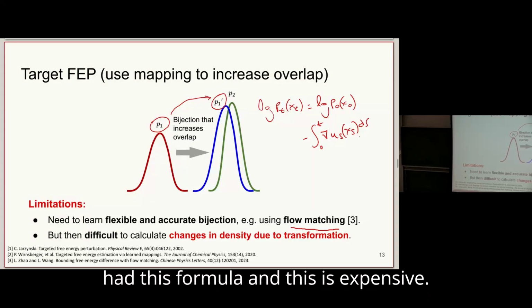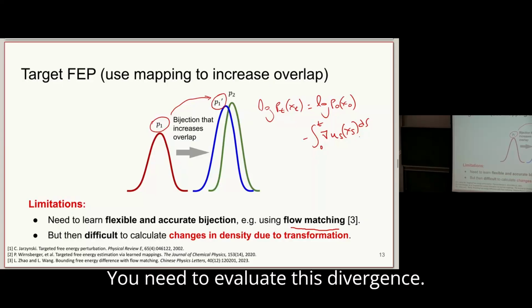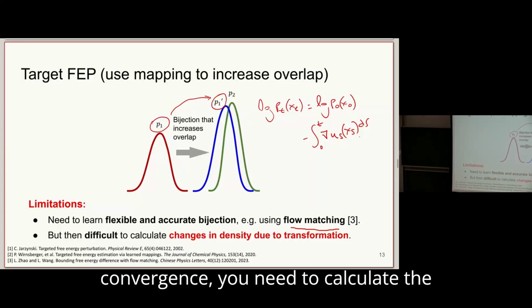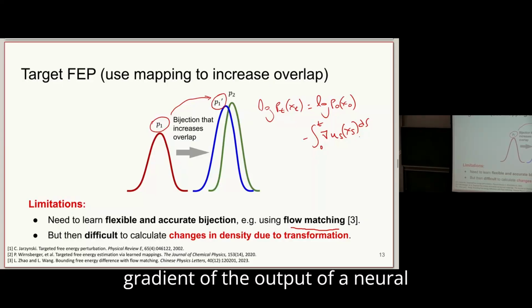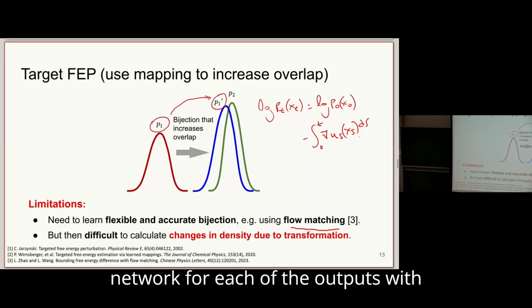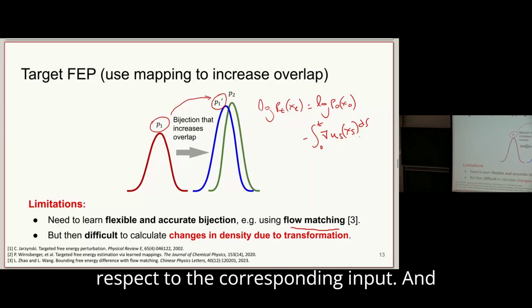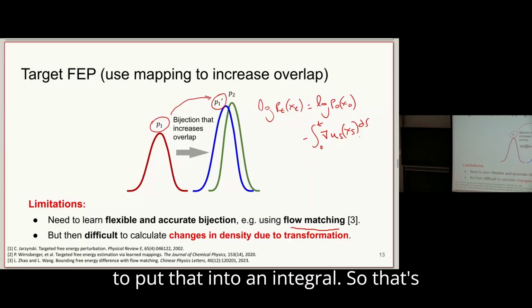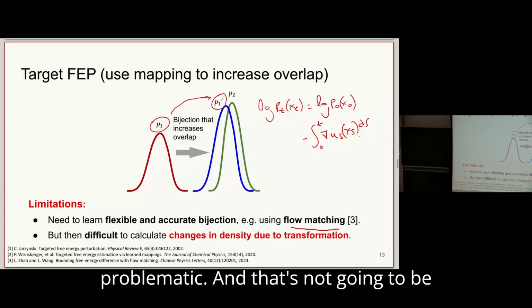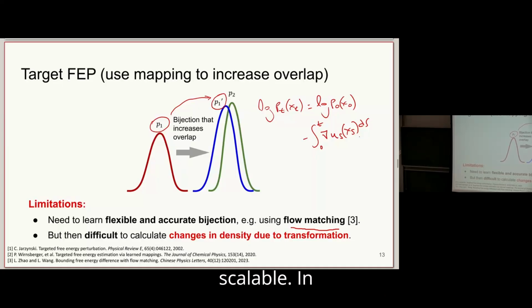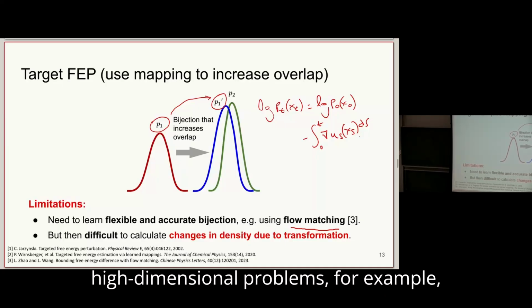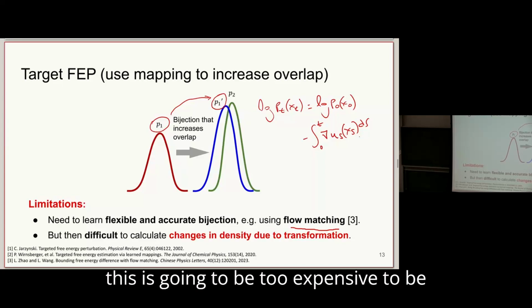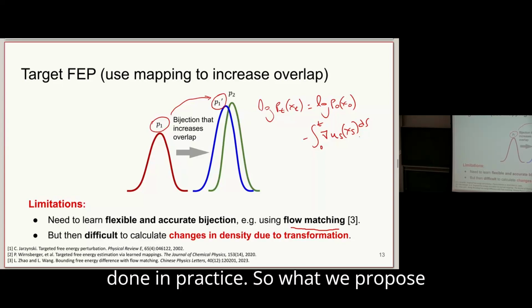We had this formula, and this is expensive. You need to evaluate this divergence. You need to calculate the gradient of the output of a neural network for each of the outputs with respect to the corresponding input. And that's very expensive. And then you need to put that into an integral. So that's problematic, and that's not going to be scalable. Okay? In high-dimensional problems, for example, this is going to be too expensive to be done in practice.